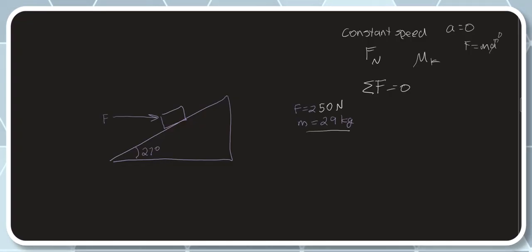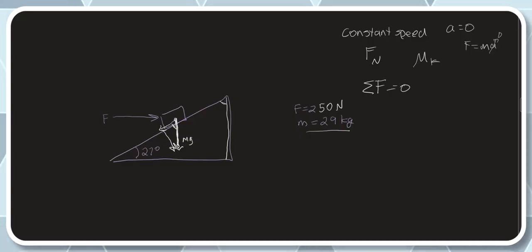So let's do a free body diagram. We'll start, we've got our weight down, that's mg, and we'll break that up into components parallel and perpendicular to the plane. So that's the component parallel to the plane, that's the component perpendicular to the plane. Since the weight side of this triangle is parallel to the back of this triangle, the top angle of the triangle and the angle right here are congruent.